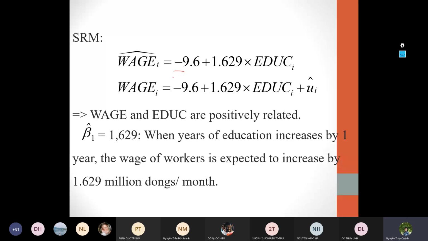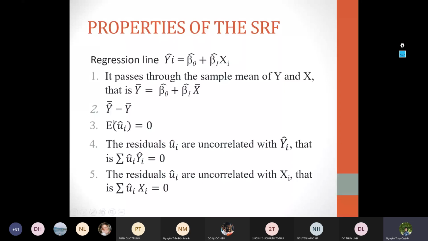Okay, what else do we have? That is the third property of the sample regression model. Also, if we have the sample regression model derived by the OLS estimation method, the residuals are uncorrelated with the fitted value of y, and the residuals are uncorrelated with the independent variable x.